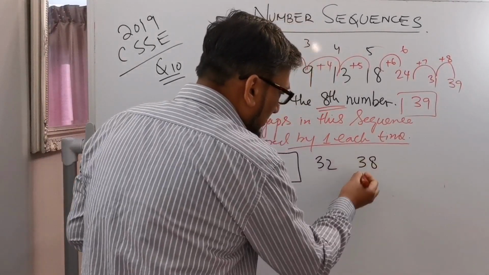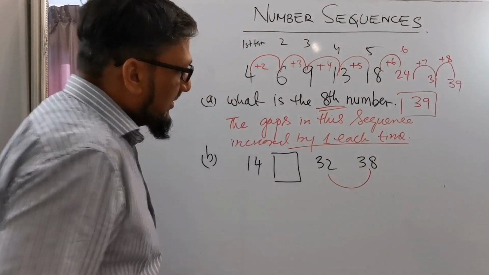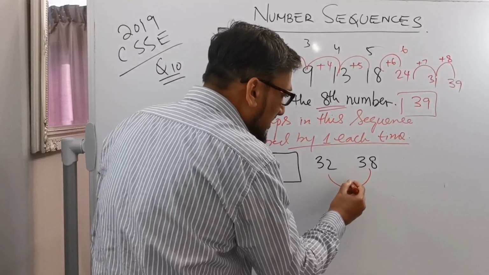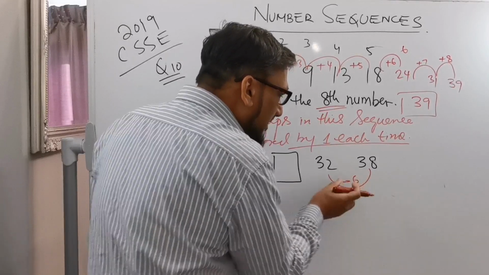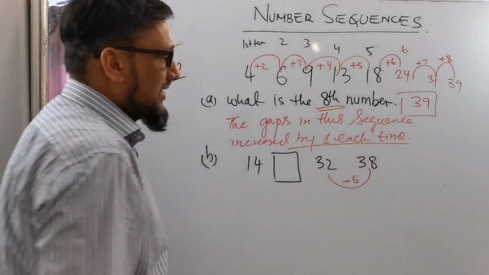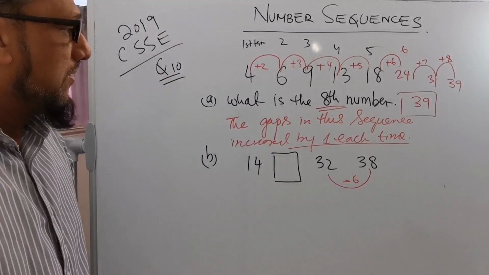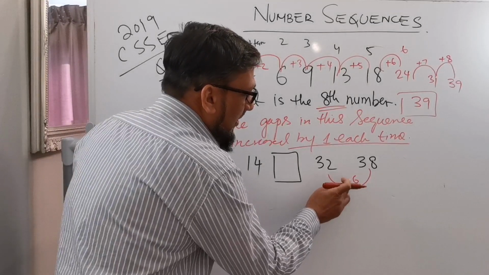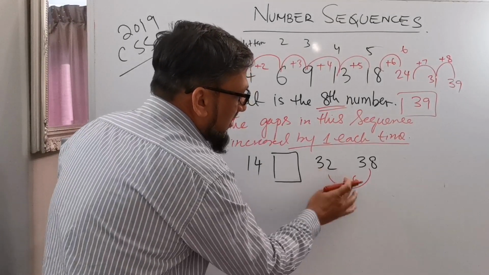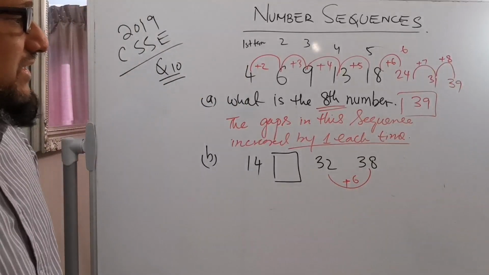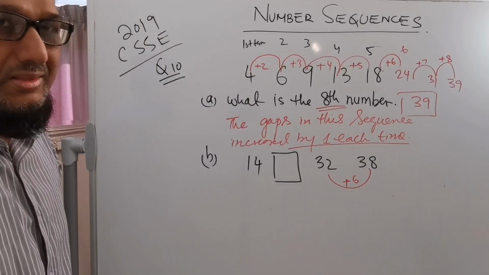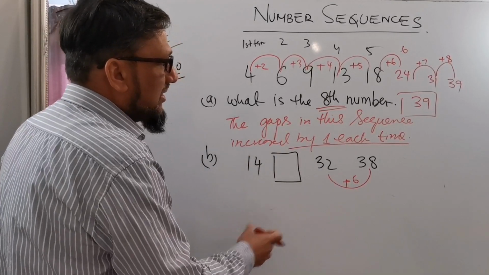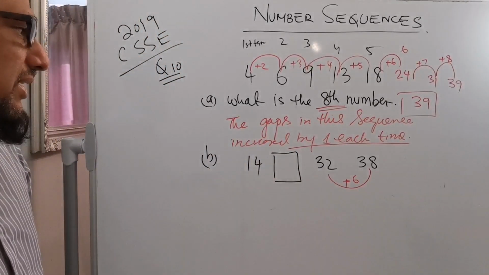Look at these two numbers, the difference between 32 and 38. So 32 plus 6 is 38. But the gap is reduced by 2 every time.